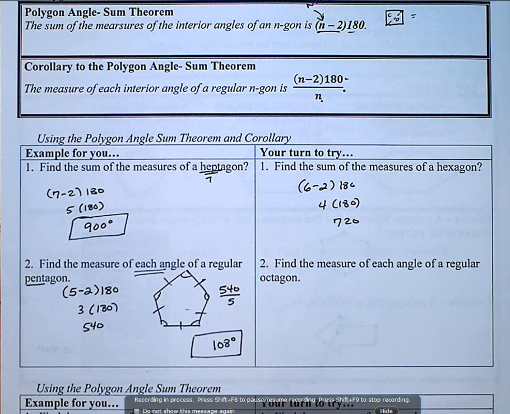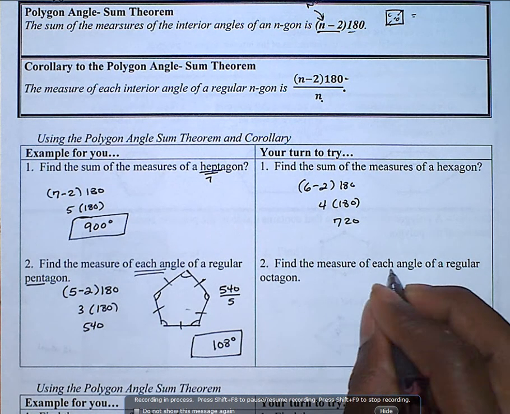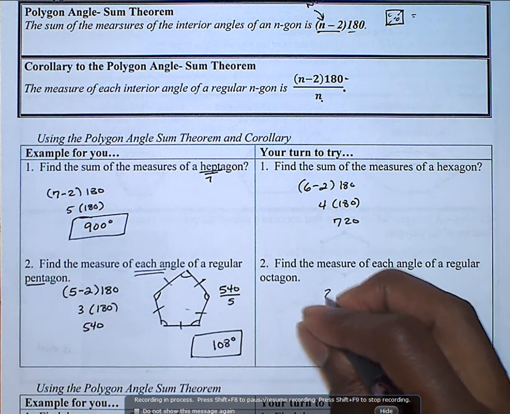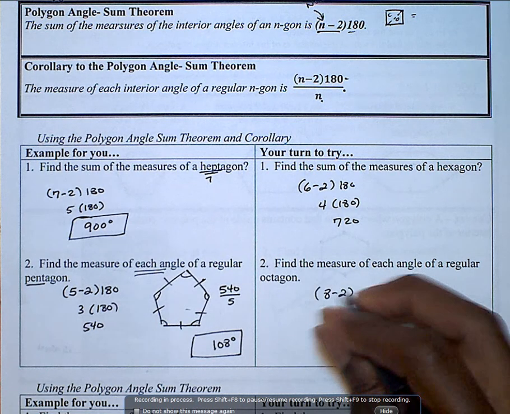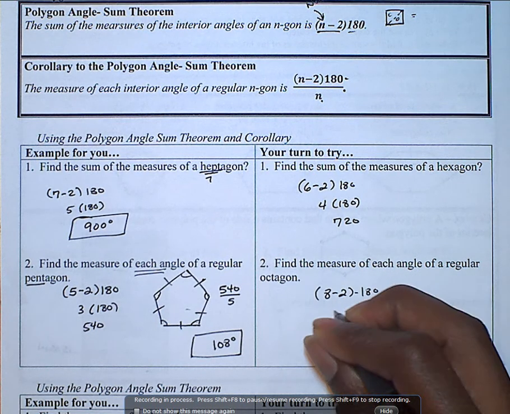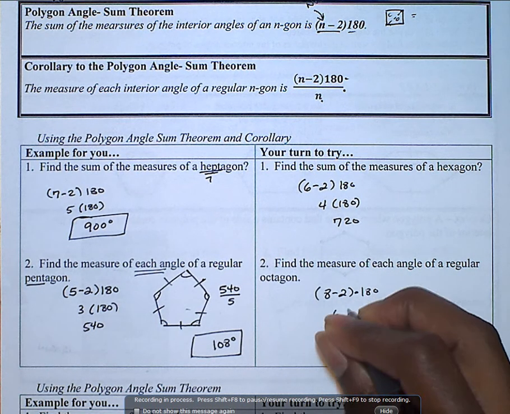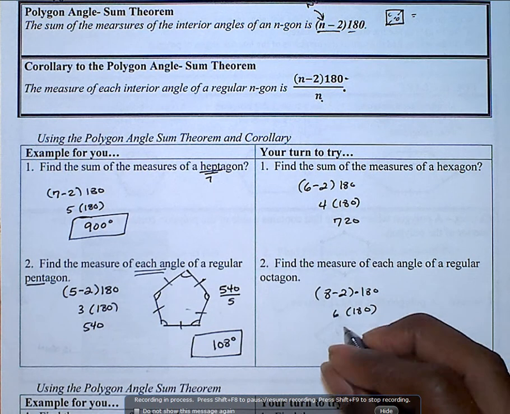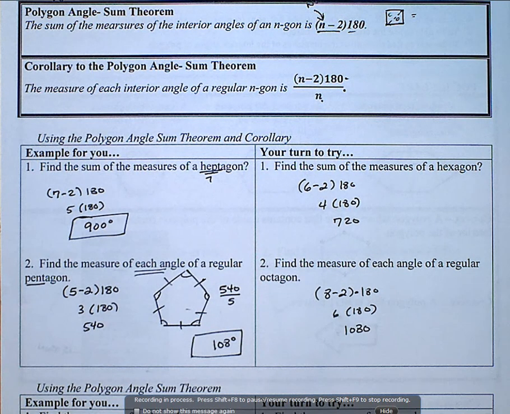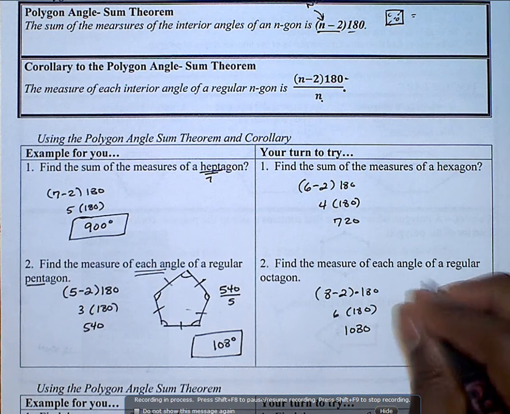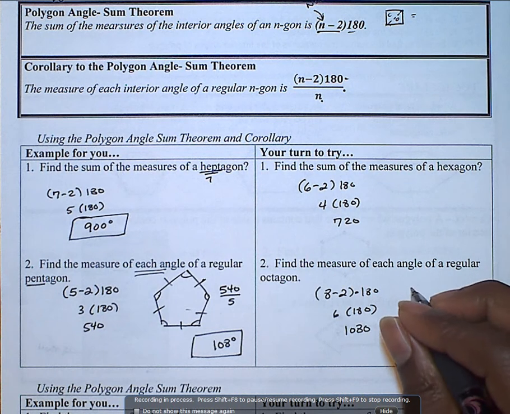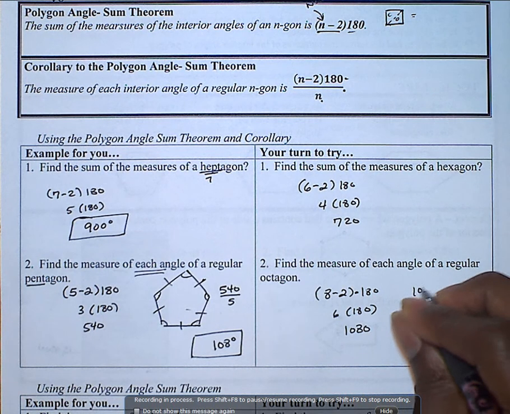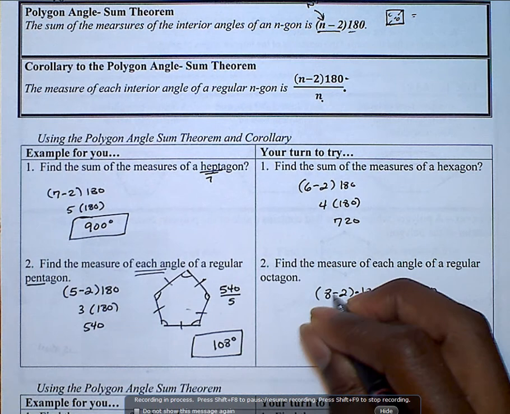Okay. Find the measure of each angle of a regular octagon. Octagon is 8. 8 minus 2 times 180, so that's 6 times 180. 600, 480, 1080. Okay, 1080 is the sum. I'll do 1080 divided by 8.